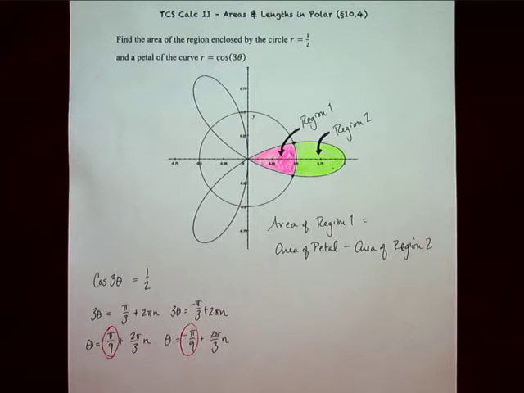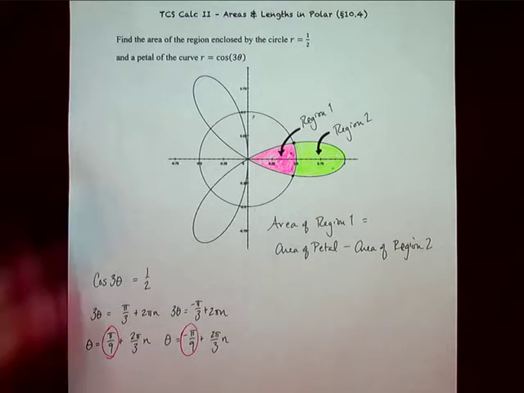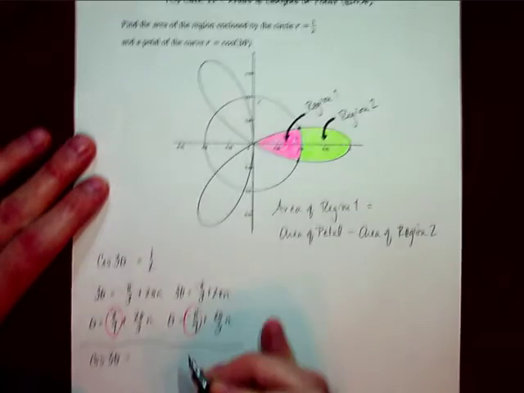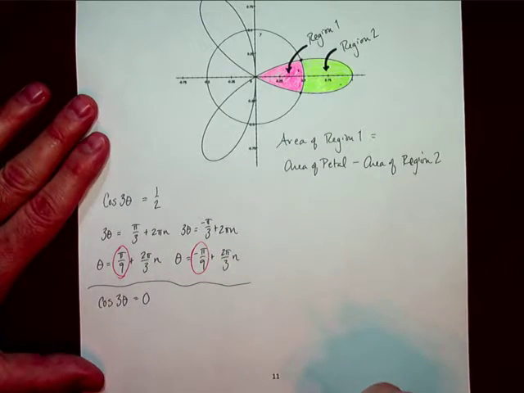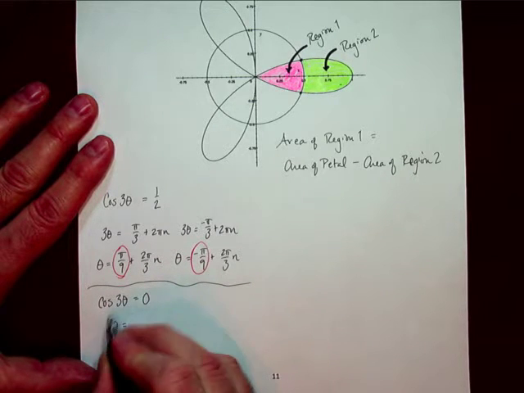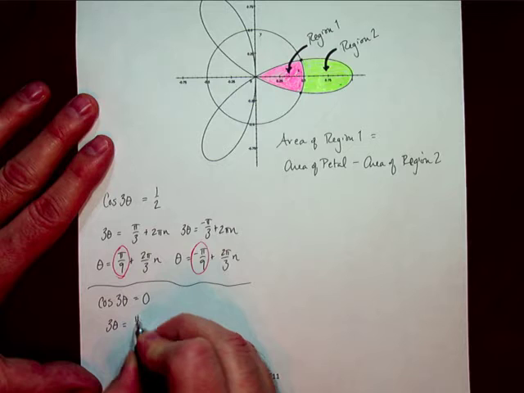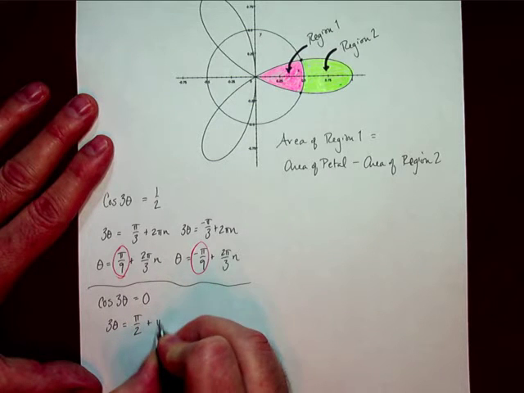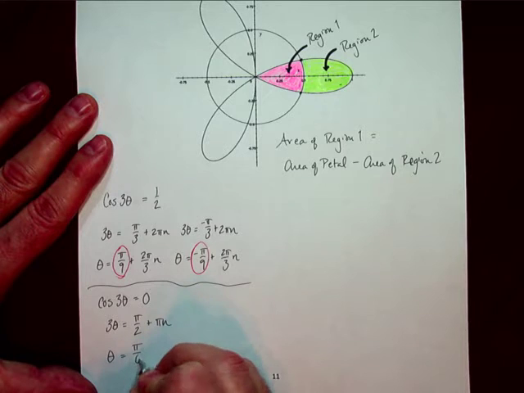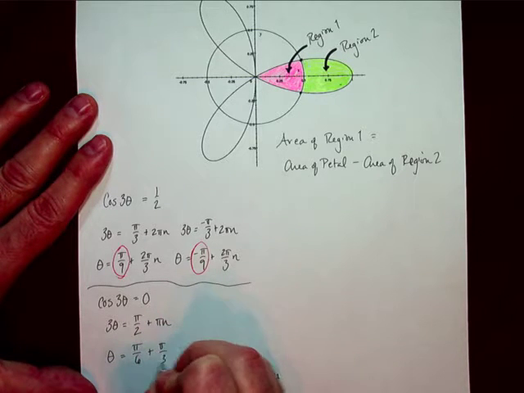Now, if we want to find the area of the petal, the area of the petal is going to have limits of integration where cosine of 3 theta returns back to the pole. Well, that means that the angle measurement expression is pi over 2 plus pi n, or theta is equal to pi over 6 plus pi over 3 n.